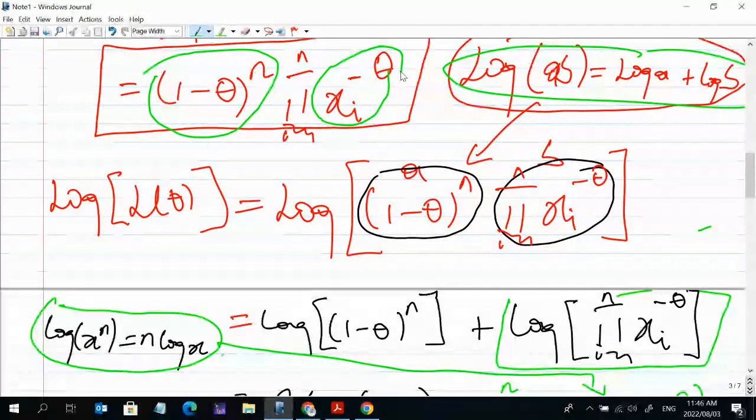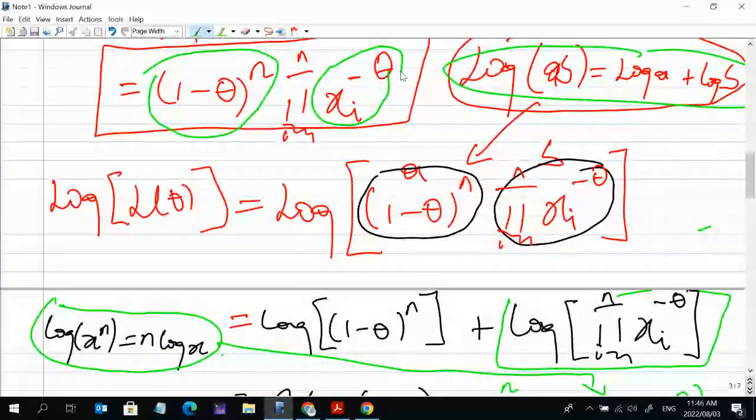You can do that if you have time. You can just check how you differentiate that function, and then you solve it. It will give you the same answer, because the expression that maximizes the log of the likelihood function is the same expression as the one that maximizes the likelihood function.